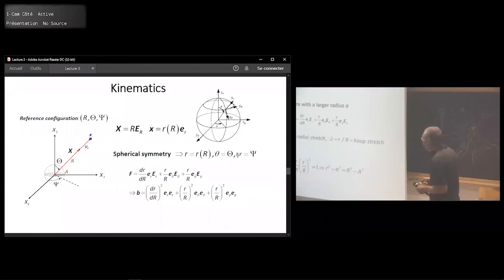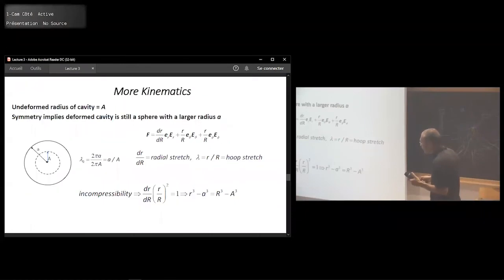Okay? Now, just to give you an idea, dr over dR is easy to visualize. Little r over R is called the hoop stretch. Why is it called the hoop stretch? Because if you look at the equator of the sphere, in the beginning the sphere has radius capital A. After it expands, it has radius little a.